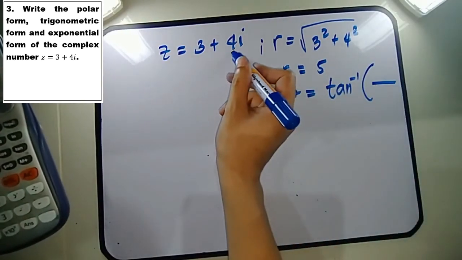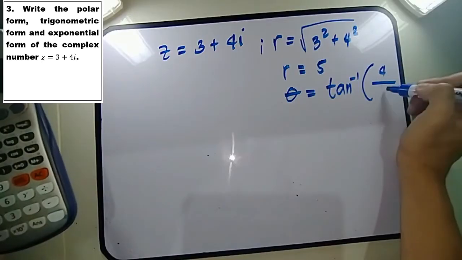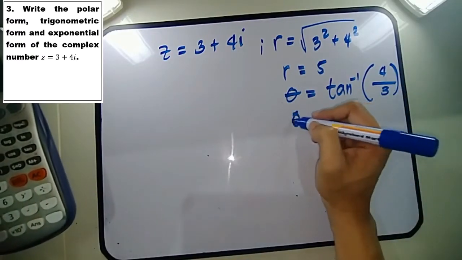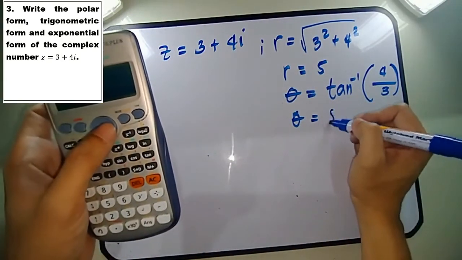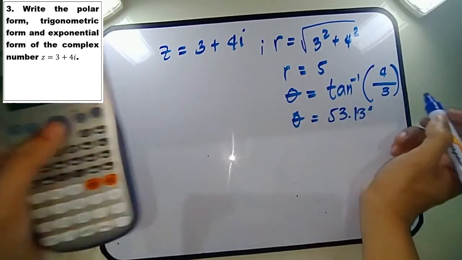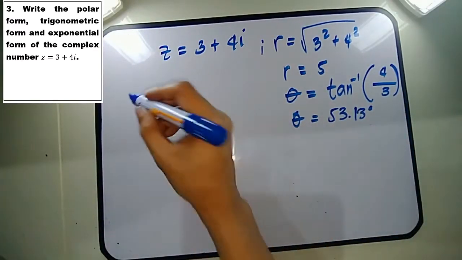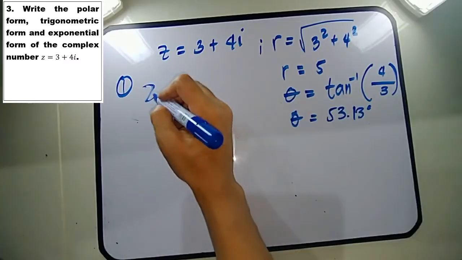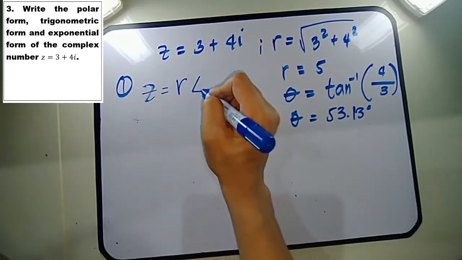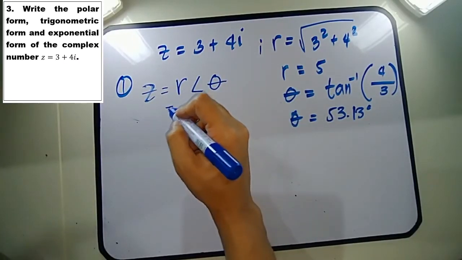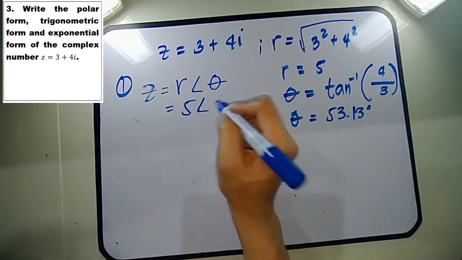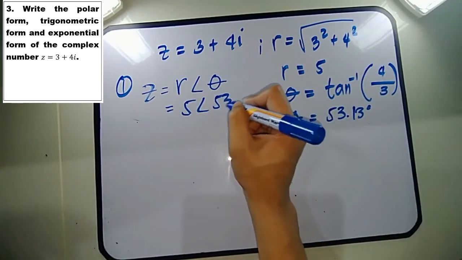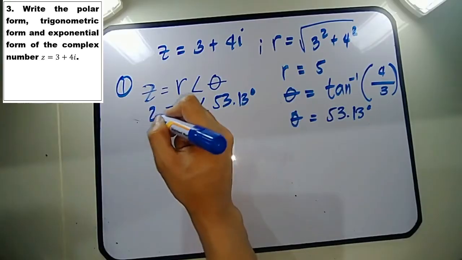Opposite, guys, is b. So 4 over 3. So theta equals 53.13 degrees. So our polar form is z equals r angle theta, equals r is 5, angle is 53.13 degrees.